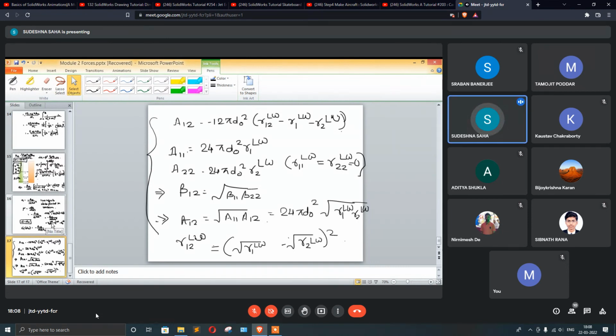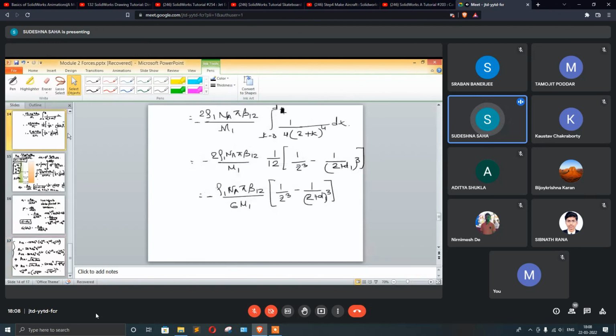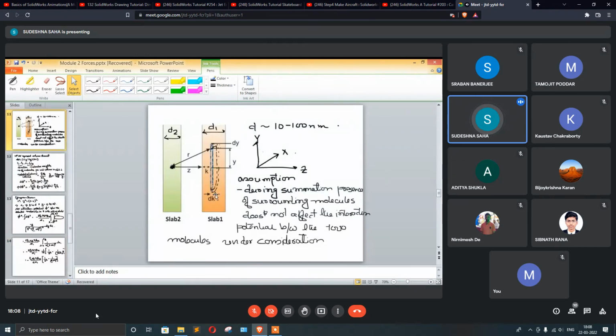But what we were trying to do is we take the point charges, we try to get the equations for the point charges, then we try to get a hold of how we can correlate that, or apply that for materials, blocks or bodies. We started by taking one molecule and one circular ring, in which all the molecules are equidistant from this molecule in slab 1.